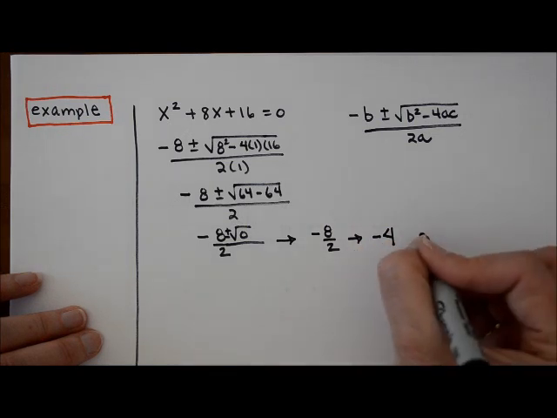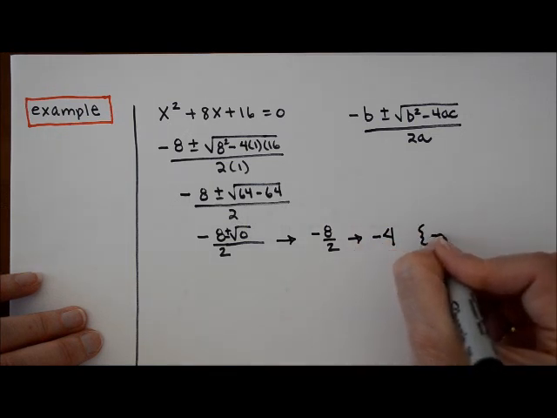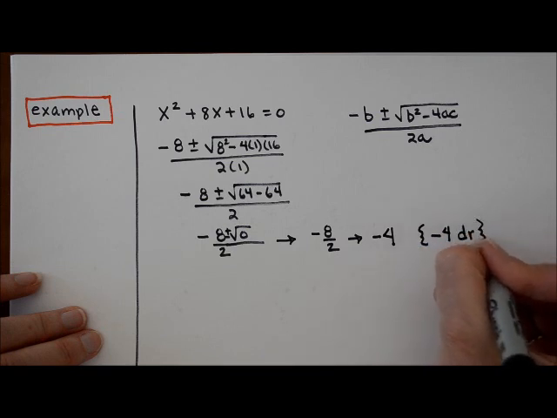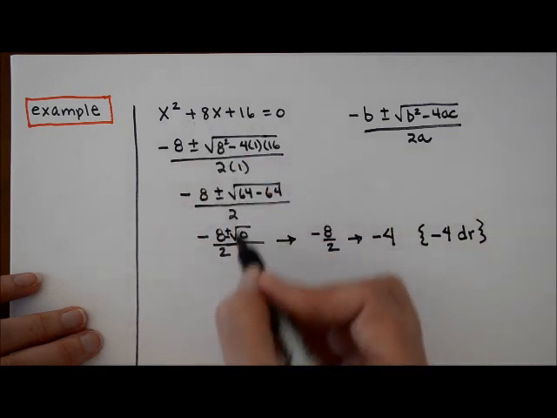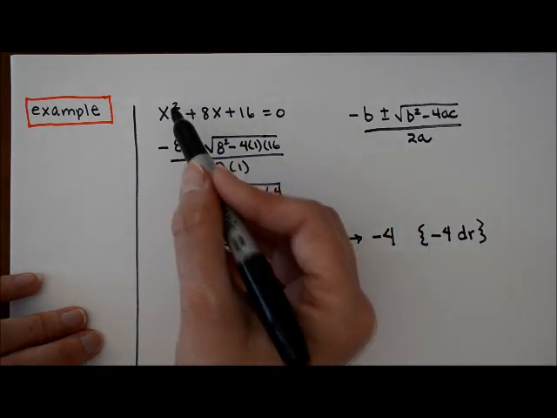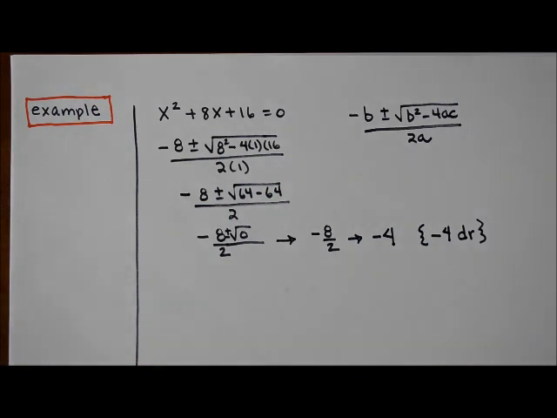And that's my root. So what I have then is negative 4 as a double root, because I only got one, right? I got one root. It's a double root because I should always have 2 if I have a square there.